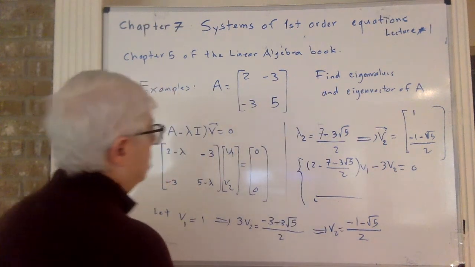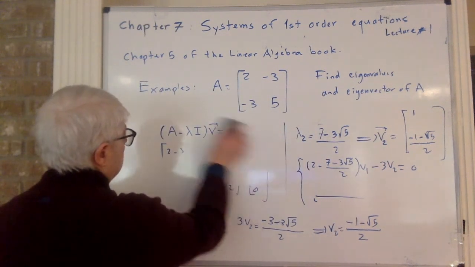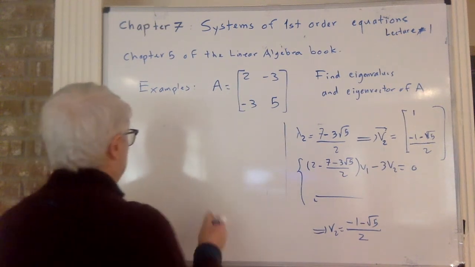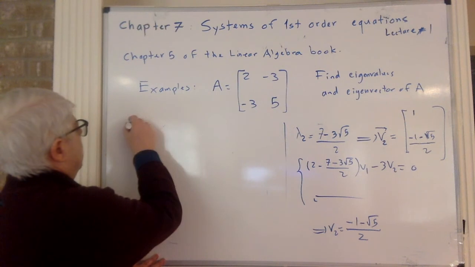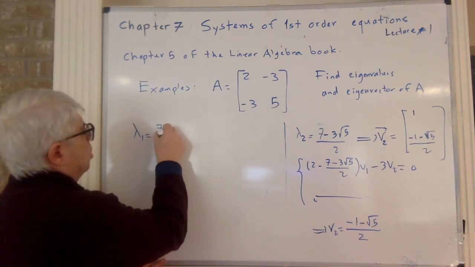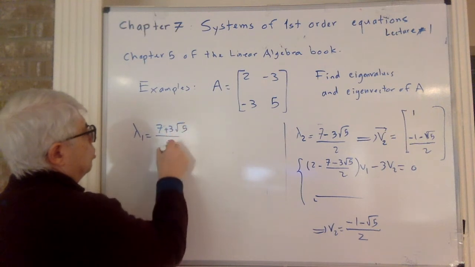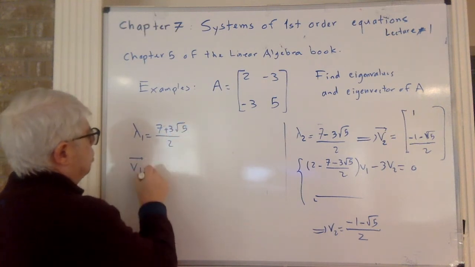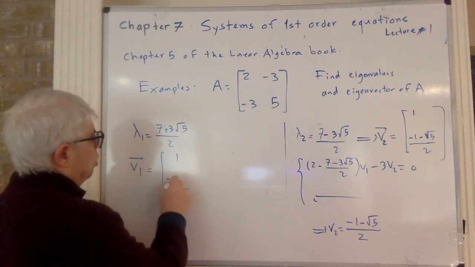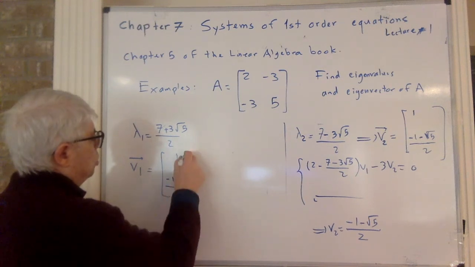So let me erase this and summarize. Eigenvalue lambda 1 is 7 plus 3 square root of 5 over 2. Eigenvector v1 is this, 1 and minus 1 plus square root of 5 over 2.